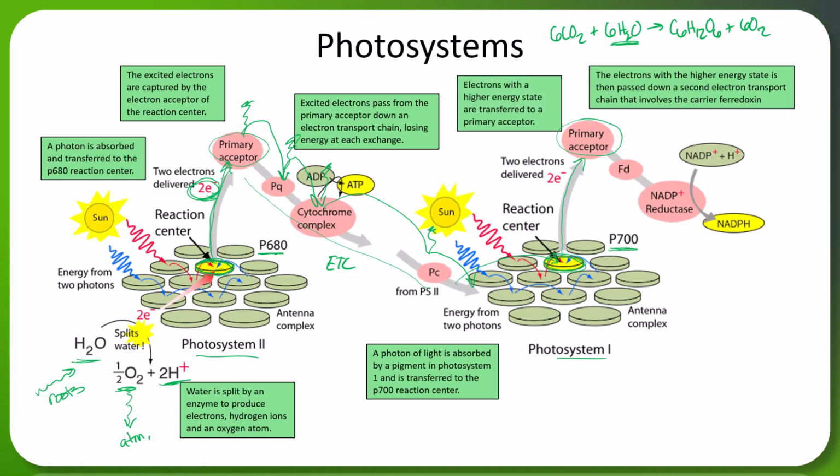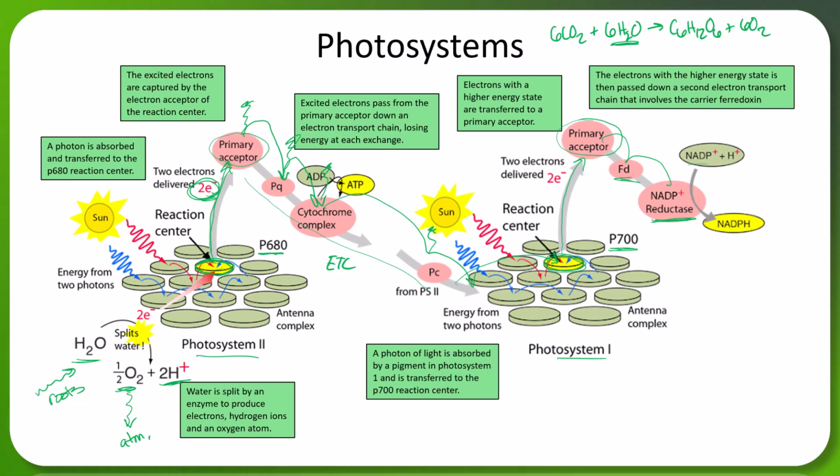And then once accepted by that primary acceptor, they are going to then be passed down a second electron transport chain, which involves the carrier ferredoxin, before entering an enzyme called NADP plus reductase, which has one job, and that one job is to reduce NADP plus.